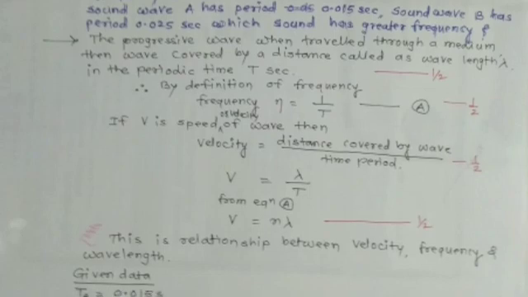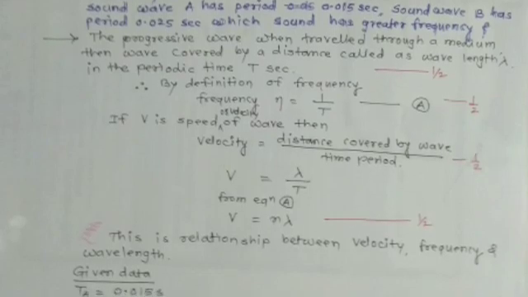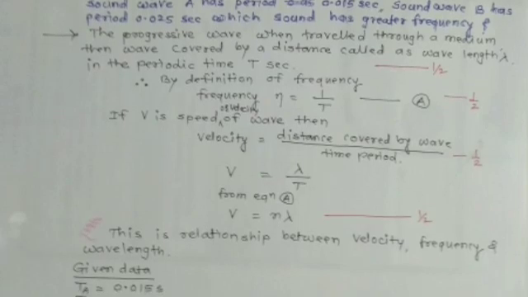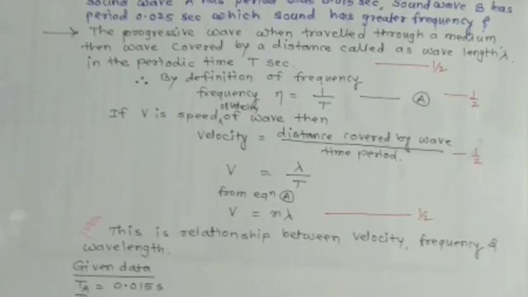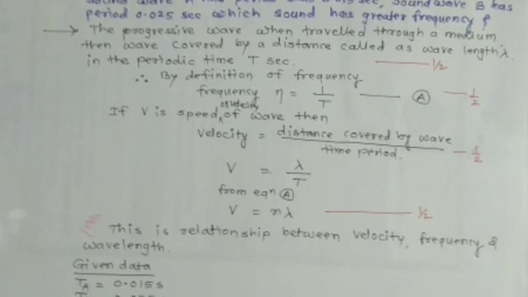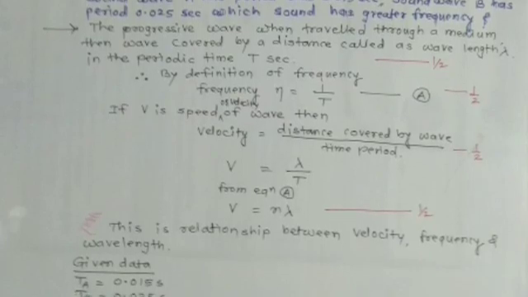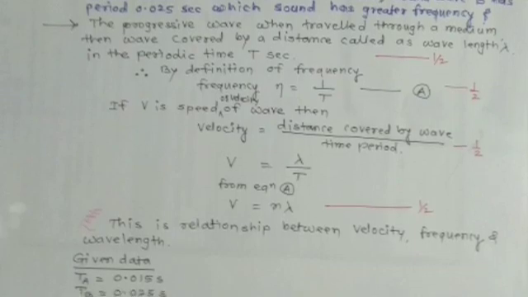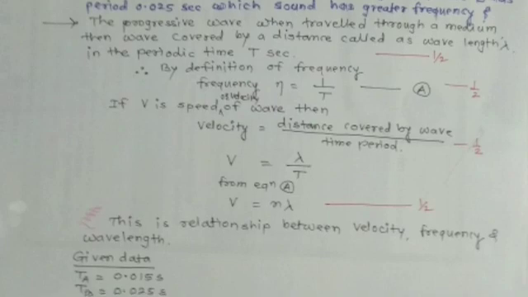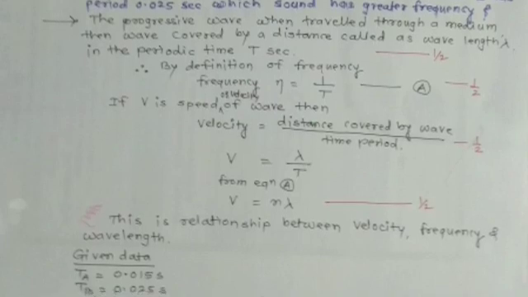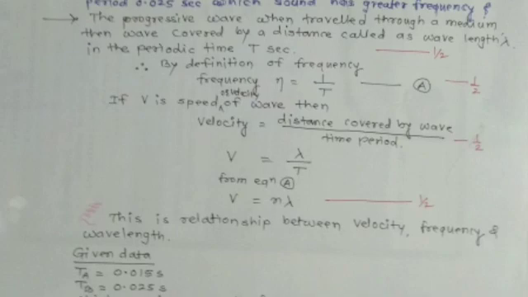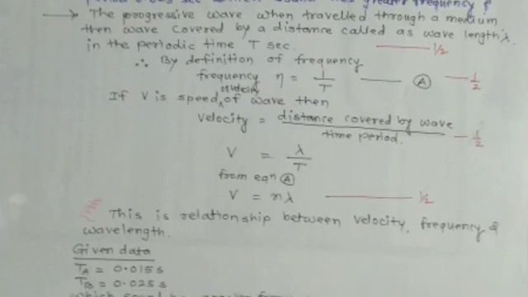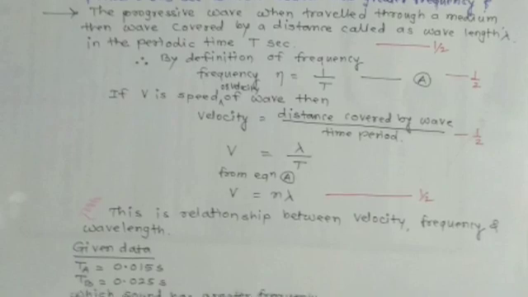By definition, frequency of wave n is equal to 1 upon T. If v is the speed of the wave, then velocity is equal to distance covered by the wave upon time period, v equals lambda upon capital T. So therefore from equation A, v becomes n lambda, which is the relationship between velocity, frequency and wavelength.